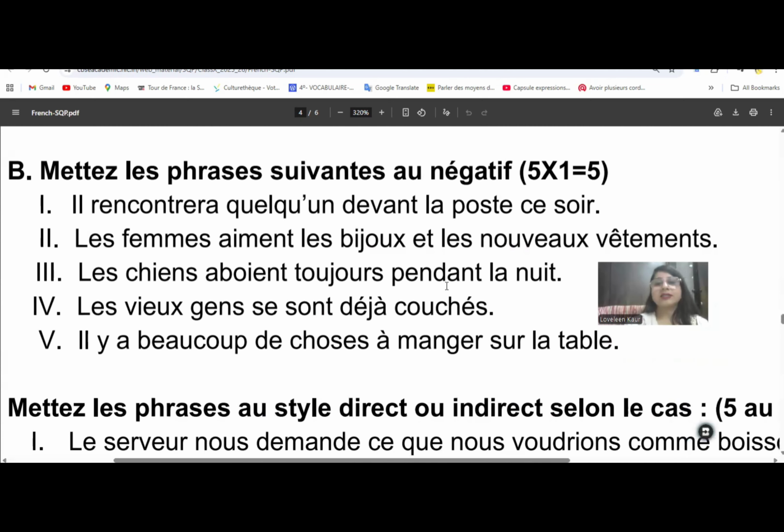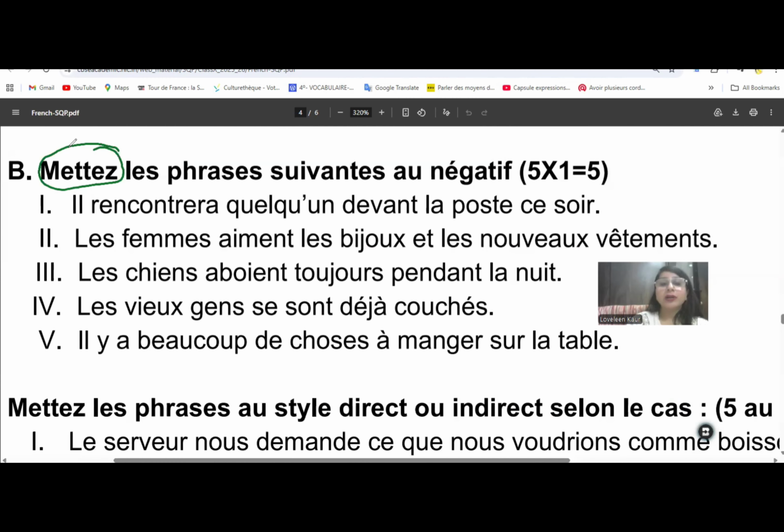Let's see now. Whenever you are attempting the 10th board exam, the French board exam, please see this carefully. If it's written "mettez les phrases", it means you have to simply change the sentence. You need not do anything else. But if it's written "répondez", then you have to reply, and you have to change the subject pronoun.